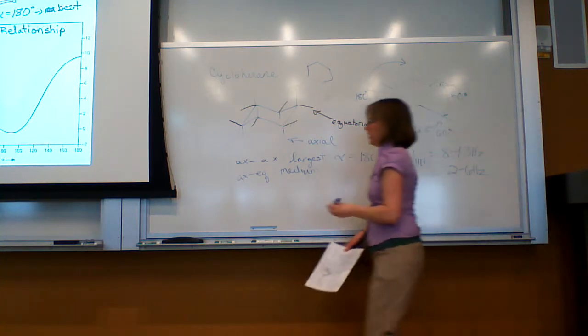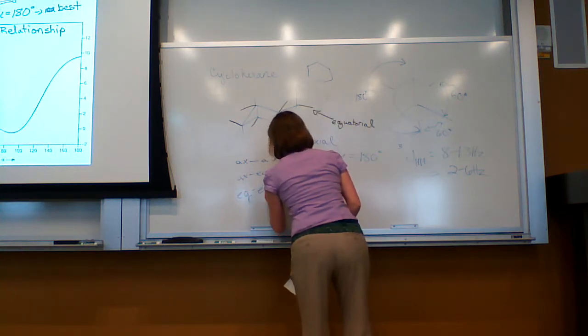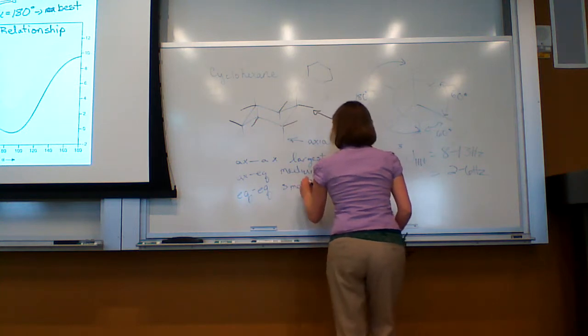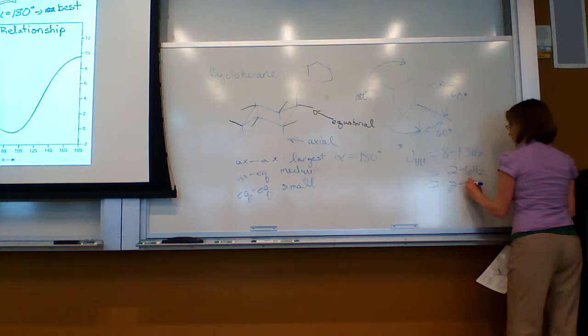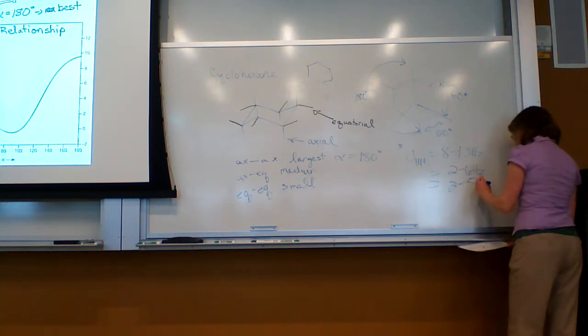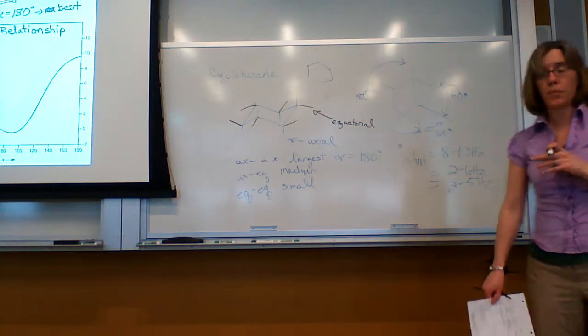And the equatorial-equatorial is the smallest one, though it's actually pretty close to the value for the axial-equatorial.